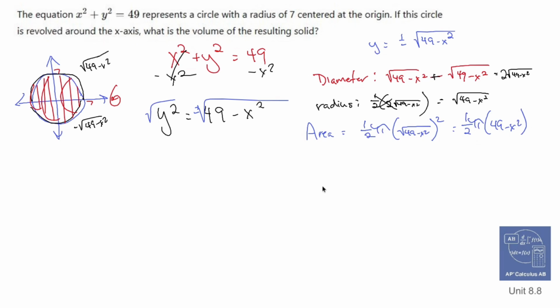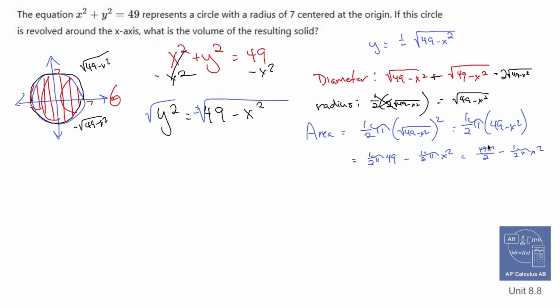That leaves me with, let's make this as clean as possible, half pi times 49, which is 49 pi over 2, minus half pi x squared.